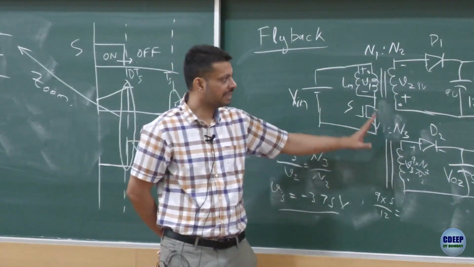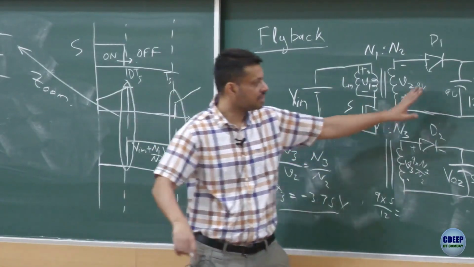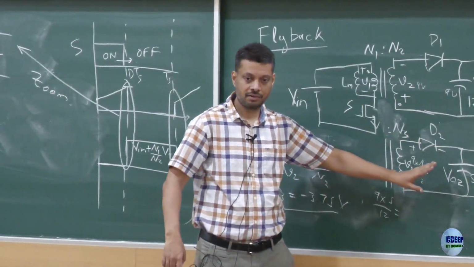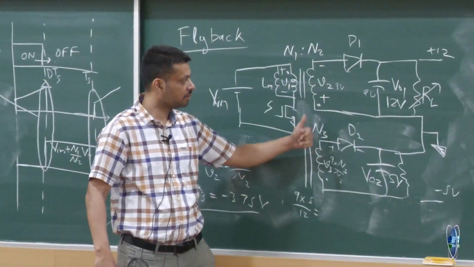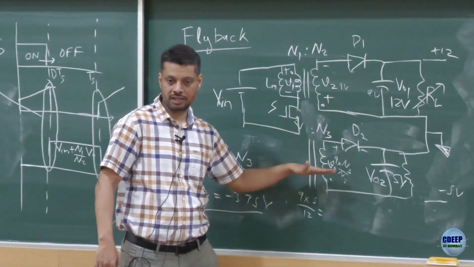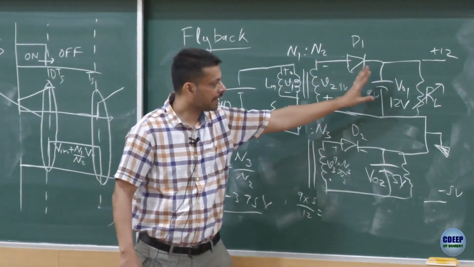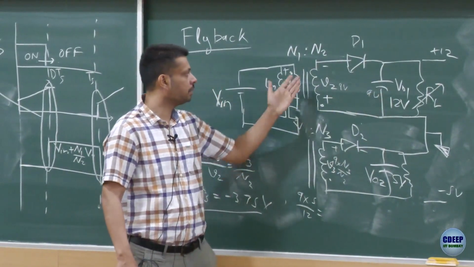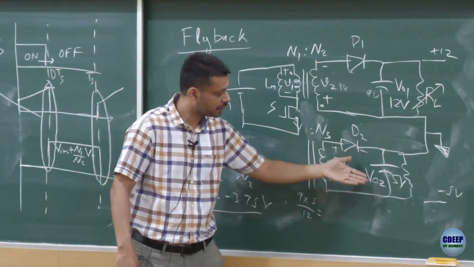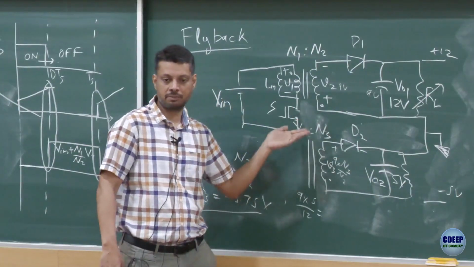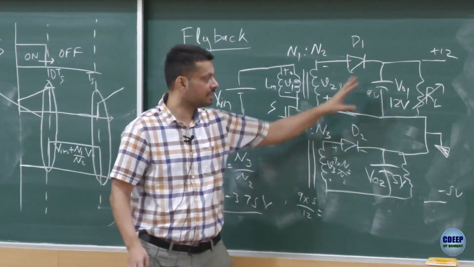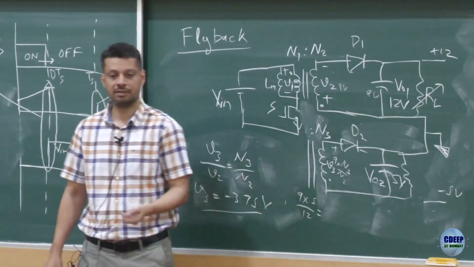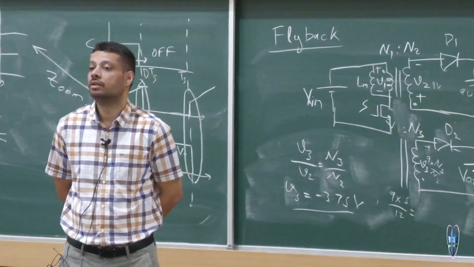So when we are saying we are operating at steady state, it means this is also 12, this is also 5, right? And when the switch turns off, both the diodes conduct. So you can either calculate VO1 as N2 by N1 times D upon 1 minus D, or you can calculate VO2 as N2 by N1 times D upon 1 minus D. So the assumption itself we are taking is these voltages are proportional to the turns ratio. Any question?